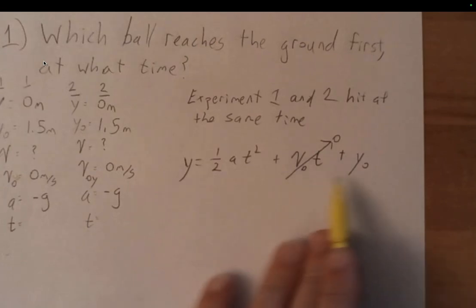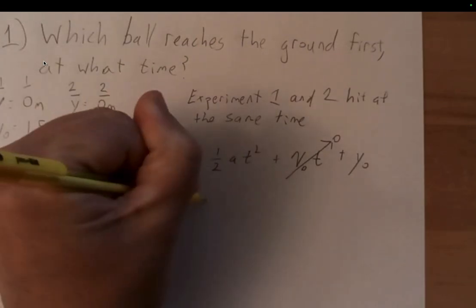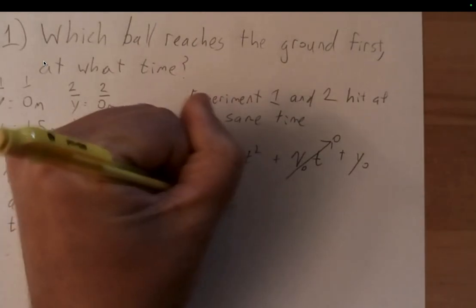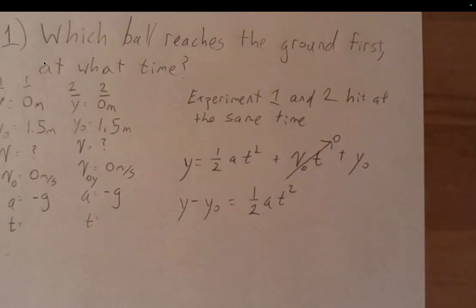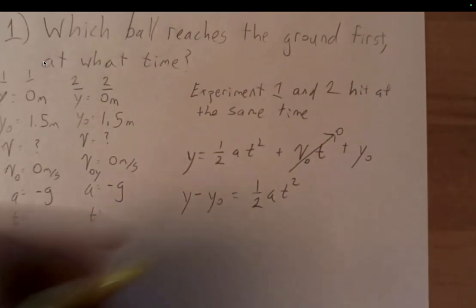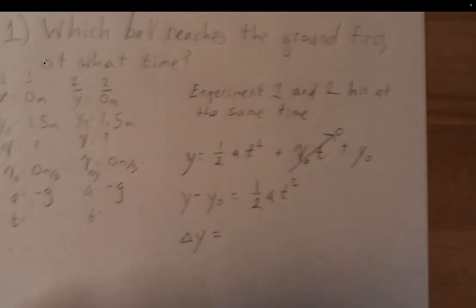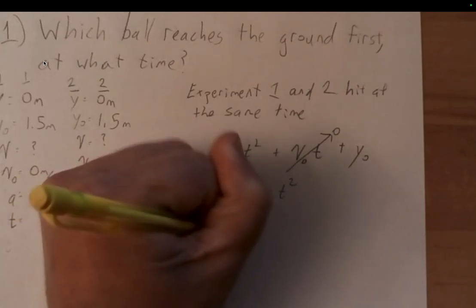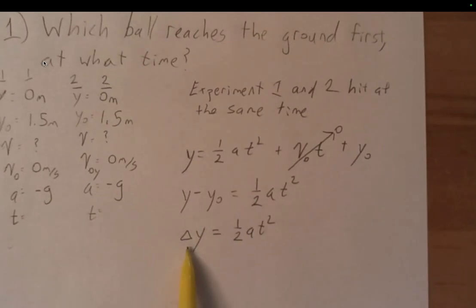So I'm going to move this over here, making it y minus y naught. That's going to equal 1/2 a t squared. Now this y minus y naught is also the vertical displacement. So it's that change in y that is going to equal this 1/2 a t squared. And we can leave it as this y minus y naught. I just like also writing this in because, well, I like it. And it's equal to this 1/2 a t squared.